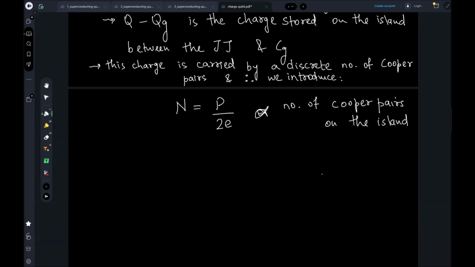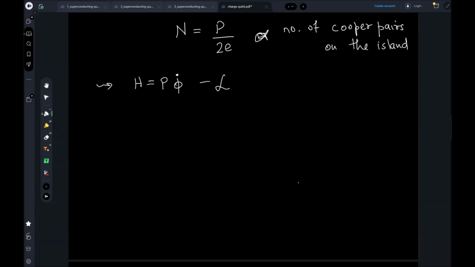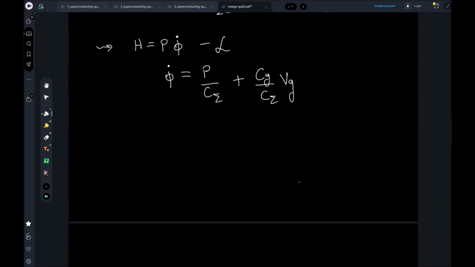And now the Hamiltonian of our system can be written as P times the time derivative of the flux minus the Lagrangian. And if we substitute the value of phi from the previous page, I'm going to write it in terms of the canonical momentum. And if we substitute this value in the Hamiltonian, we are going to get the following expression.